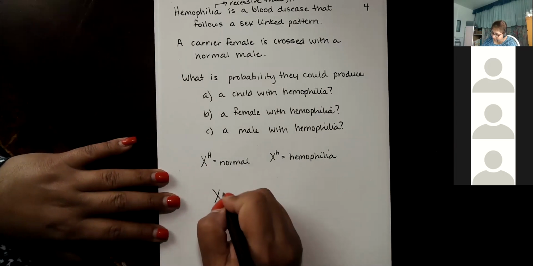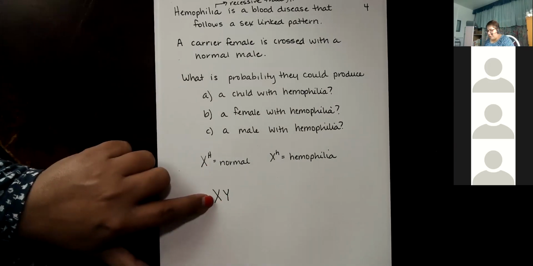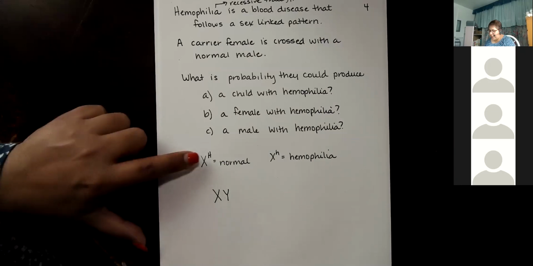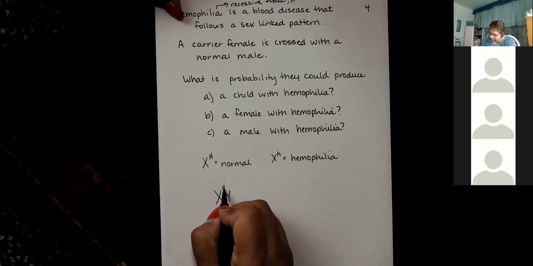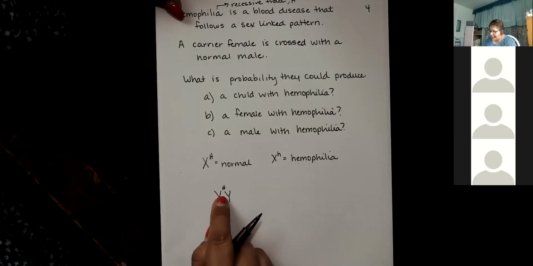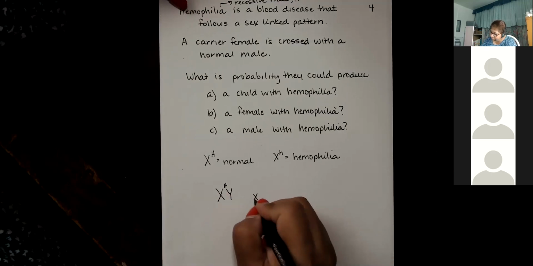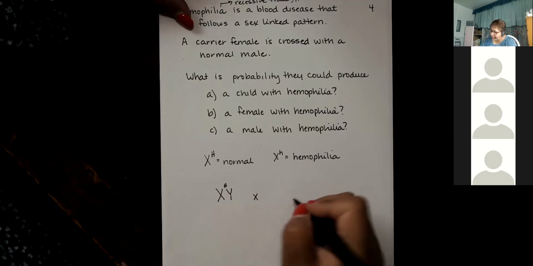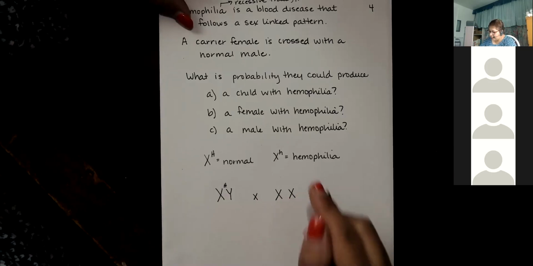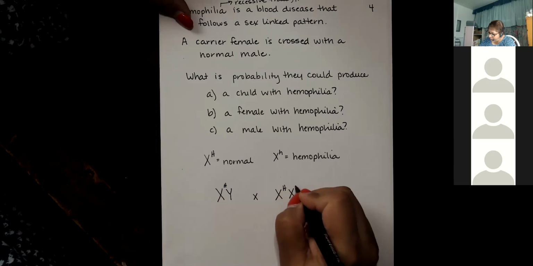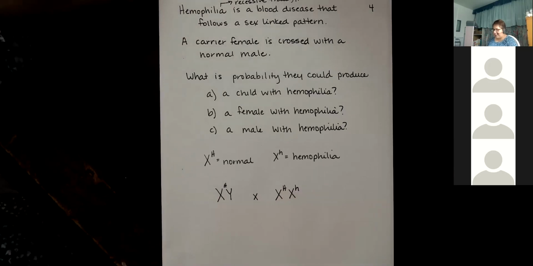So if you did a normal male, what would he have looked like? We know that he's XY, but what would have been attached to his X? A capital letter or a lowercase letter? A capital. So if you put a C there, that's still okay, so long as he has a capital letter. What about the female? She'd have one capital letter and one lowercase letter, right?